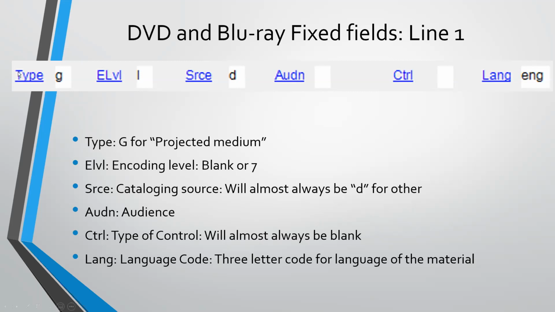Okay, so type, we've got type of material. Yesterday, when we went over things, the type was A for monograph materials. This is type G for projected medium. Our encoding level, blank, or a number of other options.